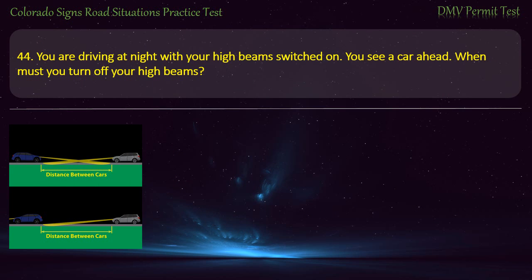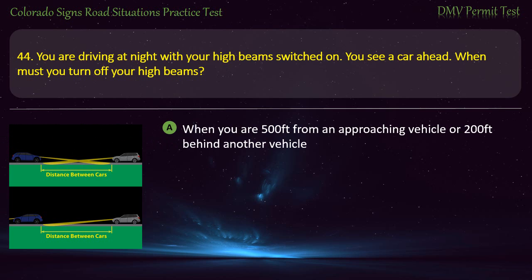Question 44. You are driving at night with your high beams switched on. You see a car ahead. When must you turn off your high beams? When you are 500 feet from an approaching vehicle or 200 feet behind another vehicle. When you are 1,000 feet away from another vehicle.